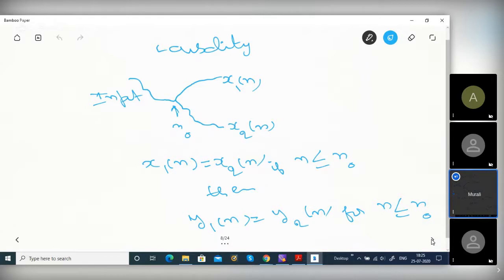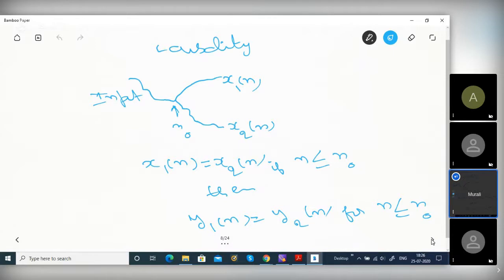So the output depends on the present and past, not the future. Here, up to n naught the signals are the same, after that they differ. So till n naught the response will be the same for x1 of n and x2 of n, that is y1 of n equals y2 of n for n less than or equal to n naught. But when n naught is exceeded, clearly they are different. A non-causal system is only of theoretical interest; practically everything is causal.